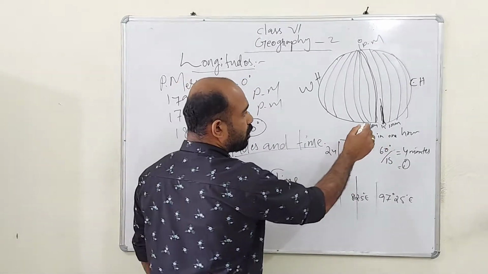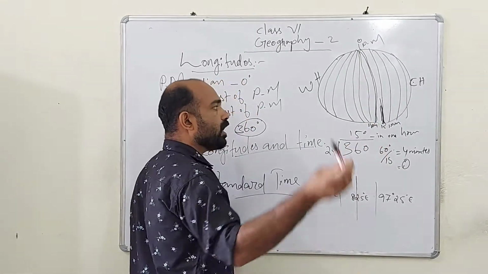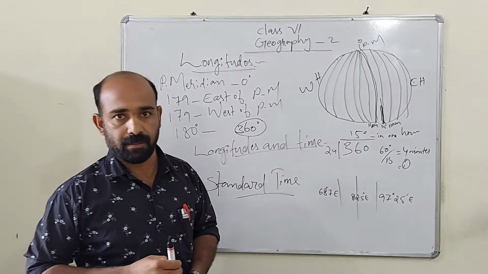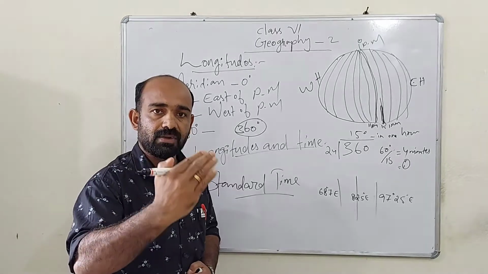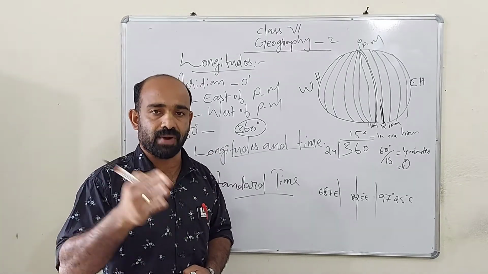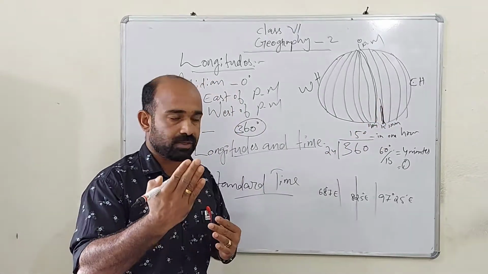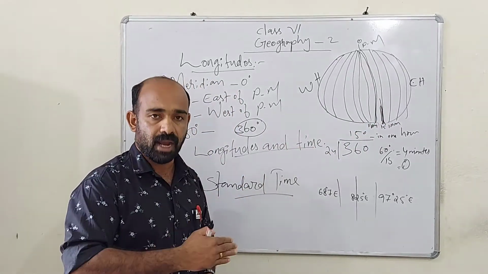So when it is 12 o'clock in the prime meridian, at 15 degree longitude, time will be 1 p.m. Because for covering 15 degree longitude, it takes 1 hour. So, eastern hemisphere time will be ahead, western hemisphere time will be behind.